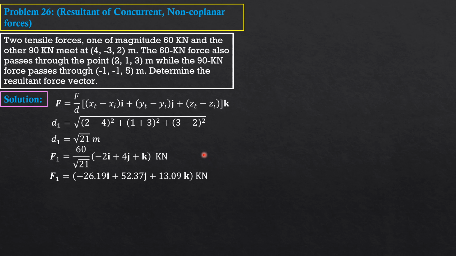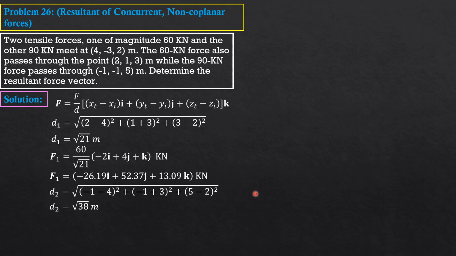Now let's proceed to distance 2. Distance 2 is the square root of the quantity negative 1 minus 4 squared plus negative 1 minus negative 3, so negative 1 plus 3 squared, plus 5 minus 2 squared. So distance 2 is equal to the square root of 38 meters.